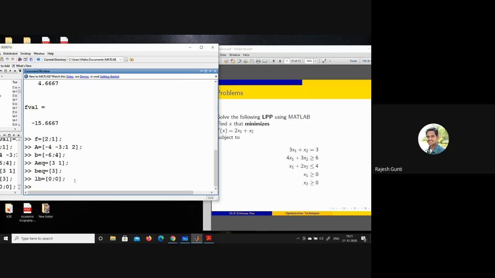X comma fval is equal to the solver. Capital A is there, B is there, AEQ is there, BEQ is there, comma, lower bounds are there.